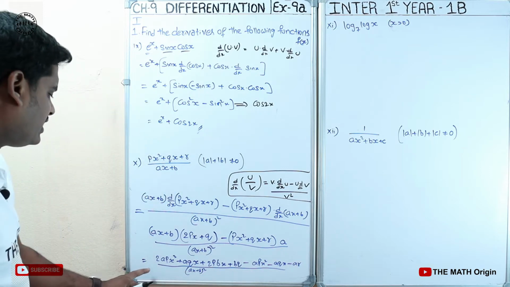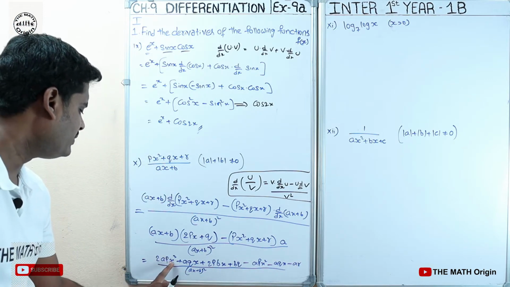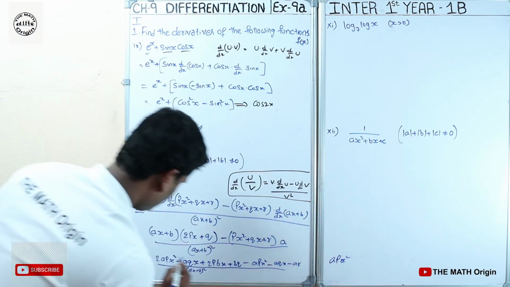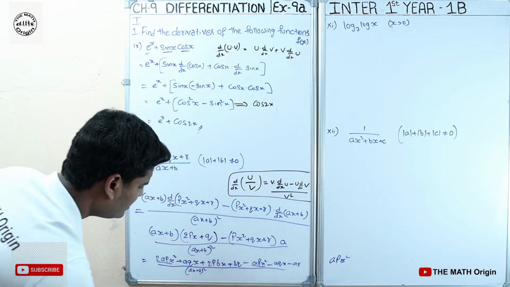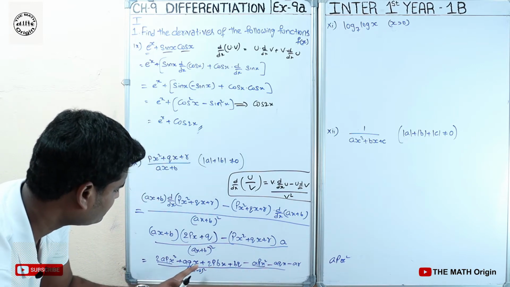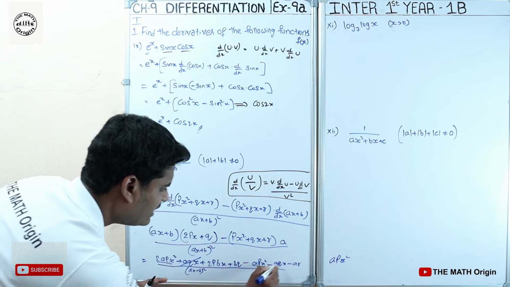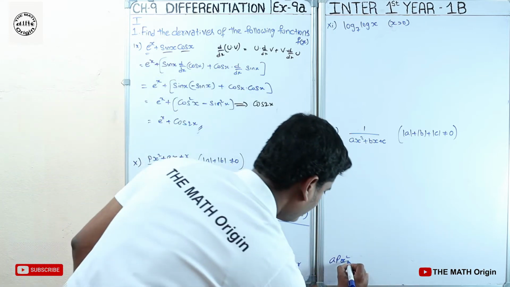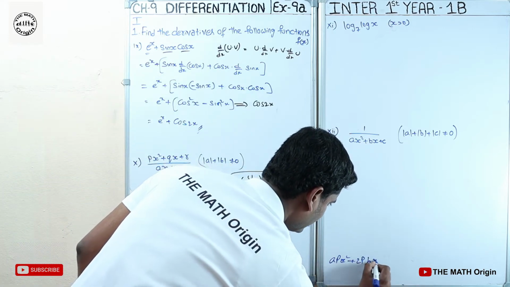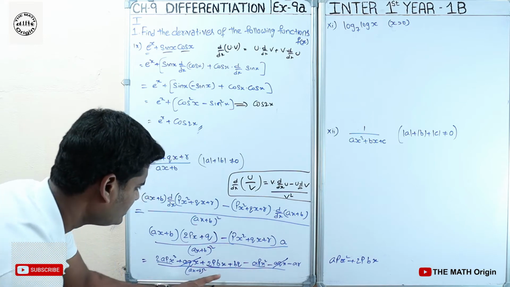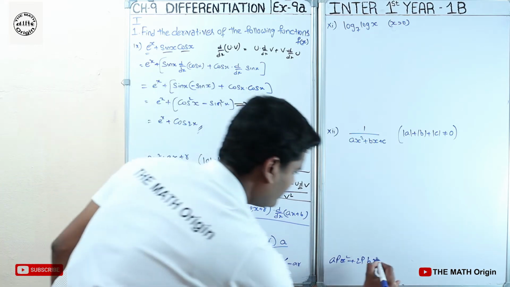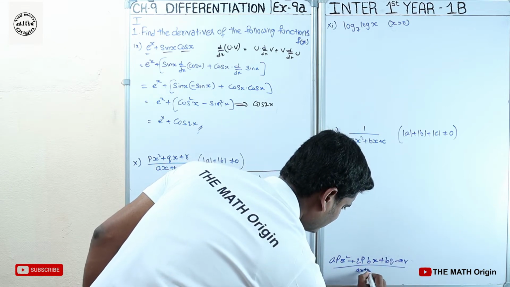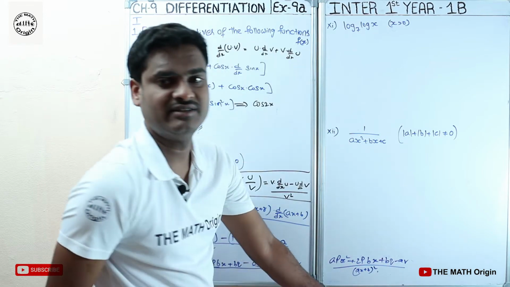From this, 2apx square minus apx square is apx square. Next, the x values: aqx is cancelled. We have only 2pbx. Next, bq minus ar, whole divided by ax plus b whole square, is the complete derived equation.